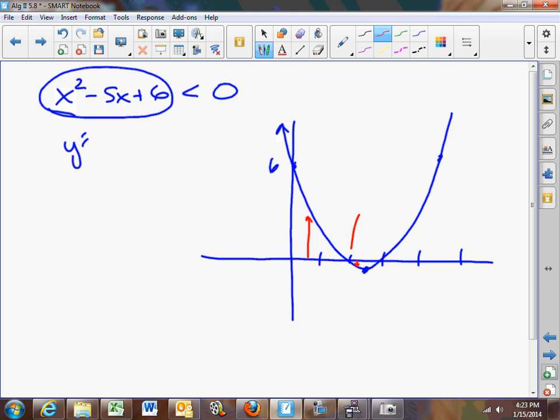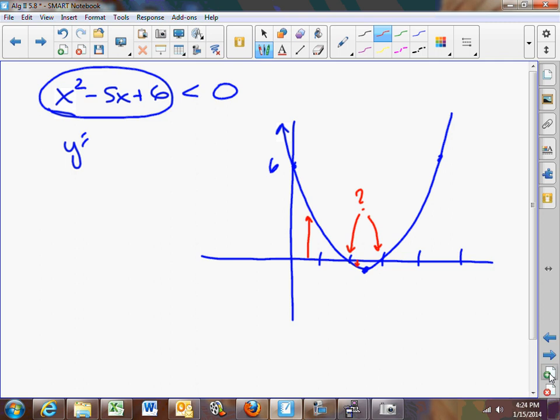So we need to know where the graph actually crosses the x-axis here. And then notice what we're going to do is we're going to take the values between those two. Now, we know a lot of ways to find the zeros of quadratic polynomials. We could maybe use factoring or completing the square or the quadratic formula. I'm going to just factor in this particular case.